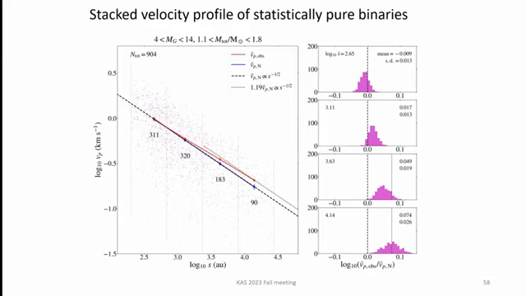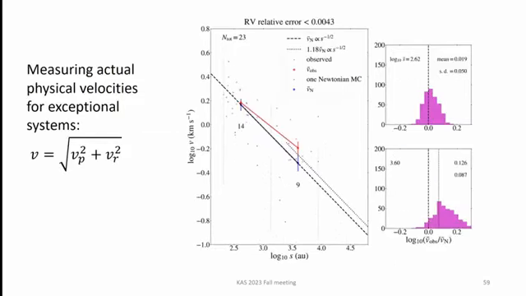But here, the selection is the same, but there's a clear deviation, and it agrees with the acceleration analysis. Next. And this one is in exceptional systems where radial velocities are very accurate.